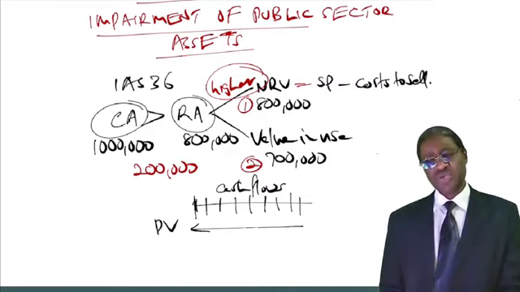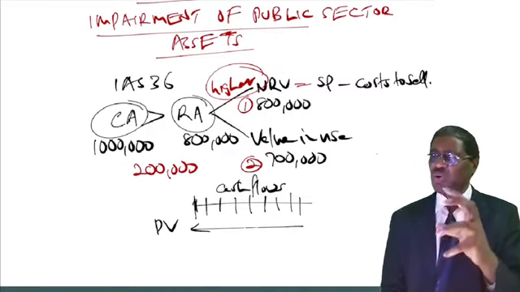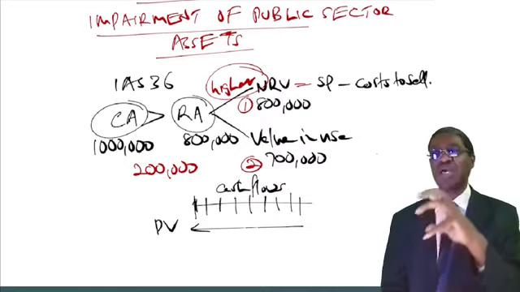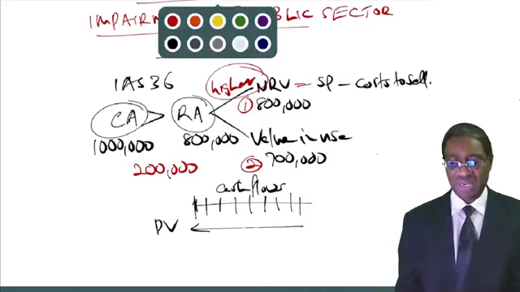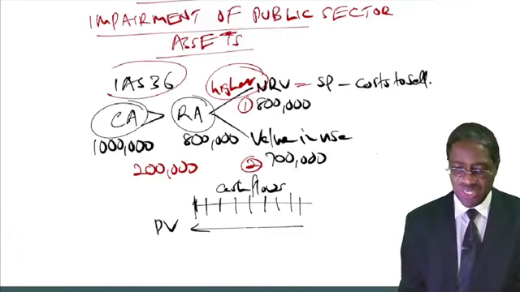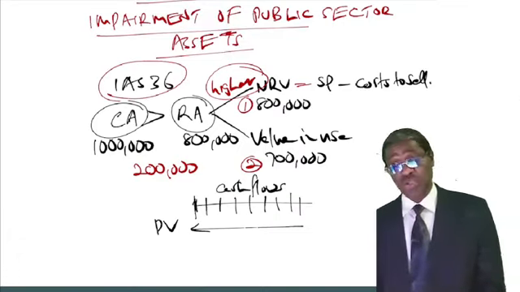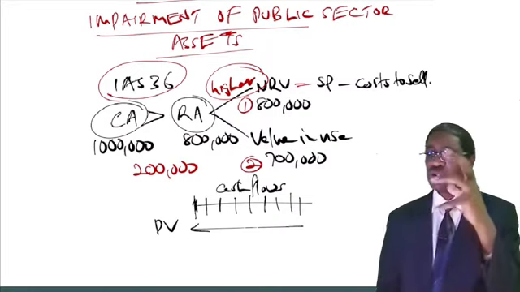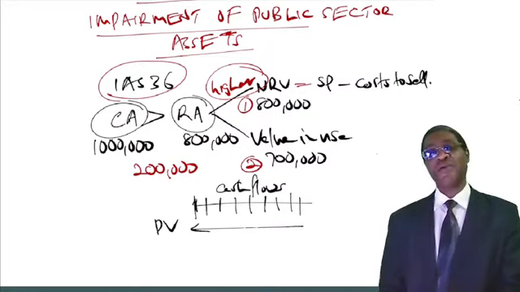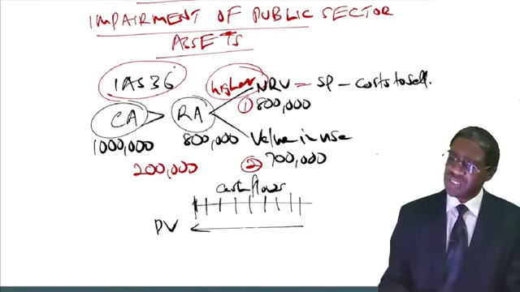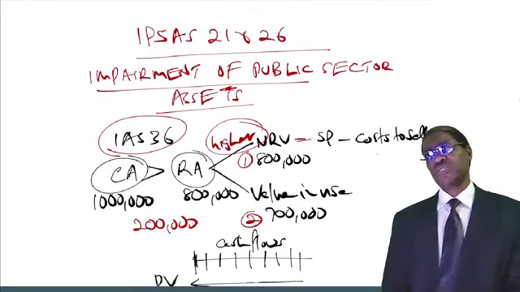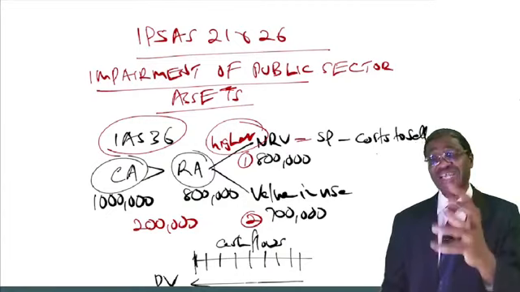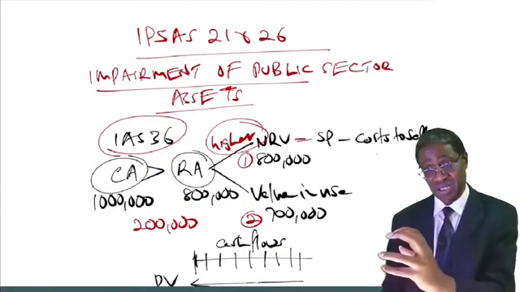Now listen. So I've reminded you what we said concerning impairment of assets under IAS number 36. That is what we did in a topic called impairment of assets, IAS number 36, for a normal business. Okay, good. But what we want to discuss now is, what about for those sectors that are considered as public sector entities?